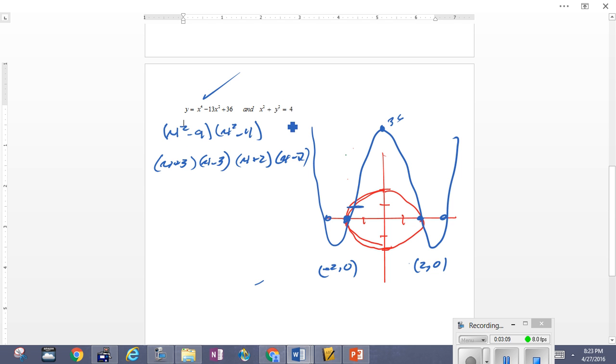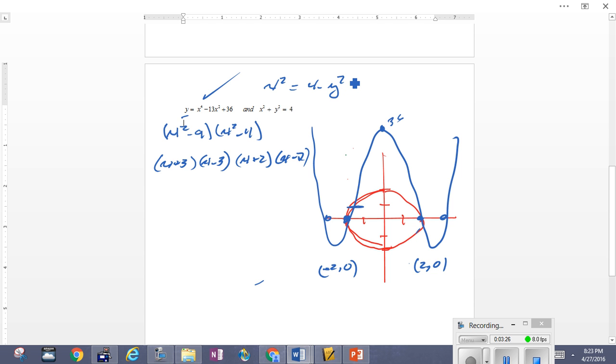Okay, because then this is in terms of y. If this had a y in it, I could actually do it a lot easier. It doesn't. So what I'm going to do is I'm just going to rename x squared as 4 minus y squared.